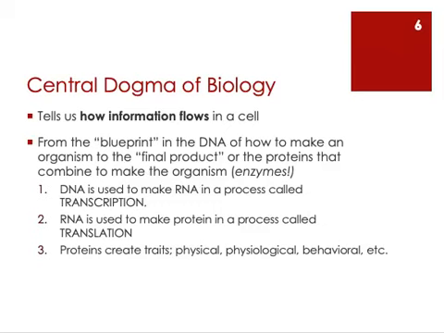We know that in a living cell, the DNA molecule is used to make RNA in a process called transcription, and the RNA is then used to make protein in a process called translation. There is nothing in the dogma that tells us that an RNA can be used to make another RNA. There's no enzyme to do that work.